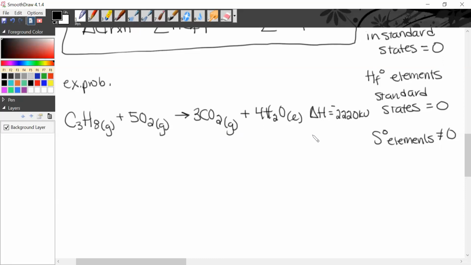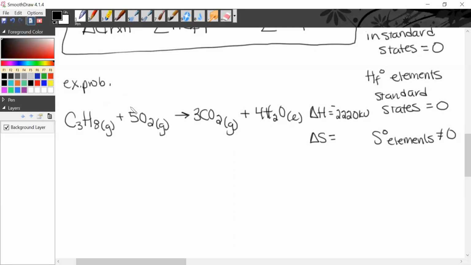Let's make a qualitative prediction about the sign of delta S. I'm not giving you any values yet to calculate entropy change, but let's just look at the disorder. How many moles of gas do I have on the left? 6. How many moles of gas do I have on the right? 3. This is a liquid. Careful. States of matter, right?